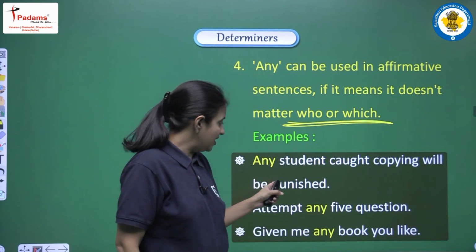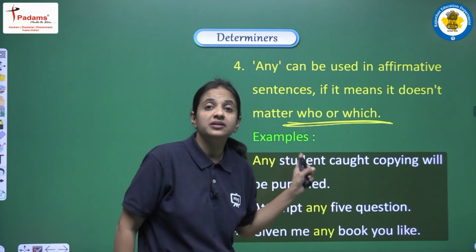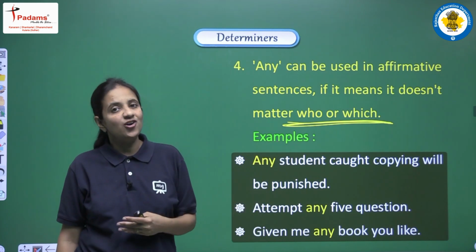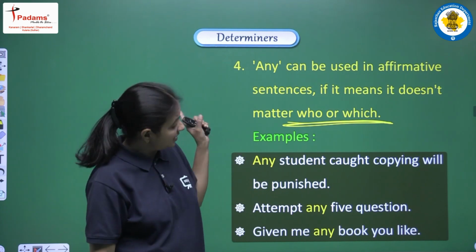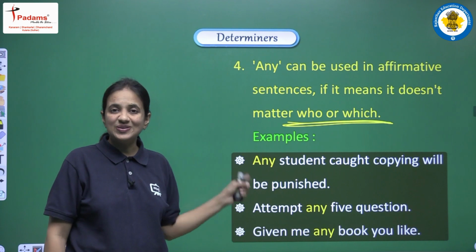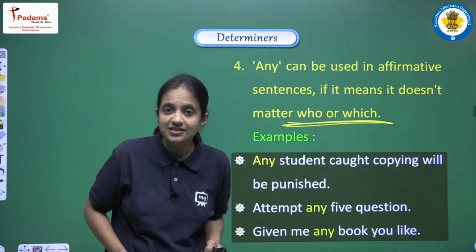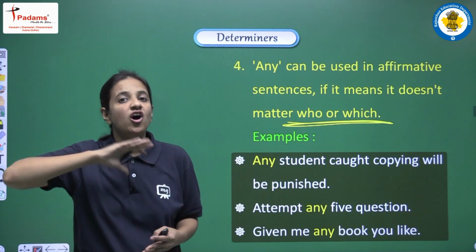First example: any student caught copying will be punished. Here we are talking about a very general thing, right? We are not talking about any particular student. We are saying that any student caught copying will be punished. Because that student has no importance here, we are talking about a thing related to all the students.